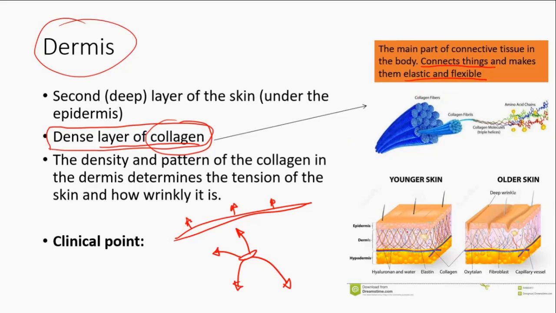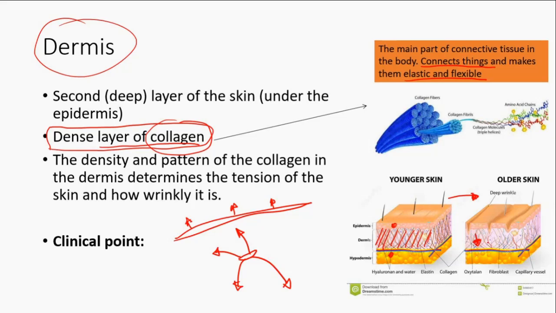If you look here, this is your collagen right here. Your dermis is full of collagen, and it's sticking the top layer of your skin to the bottom layers. As you age, the collagen reduces.